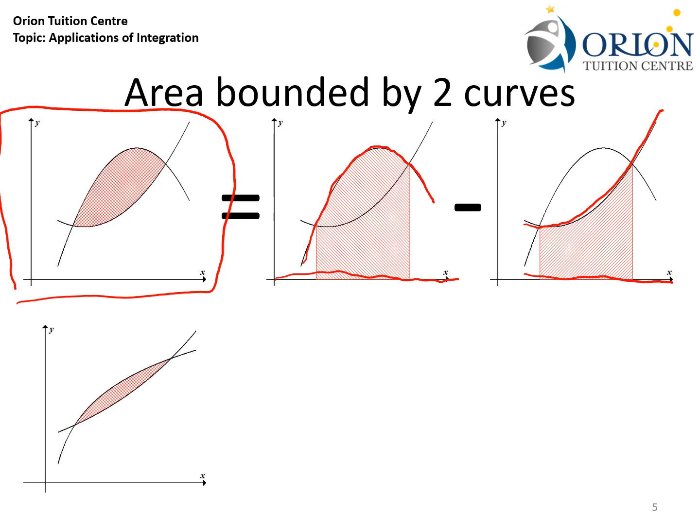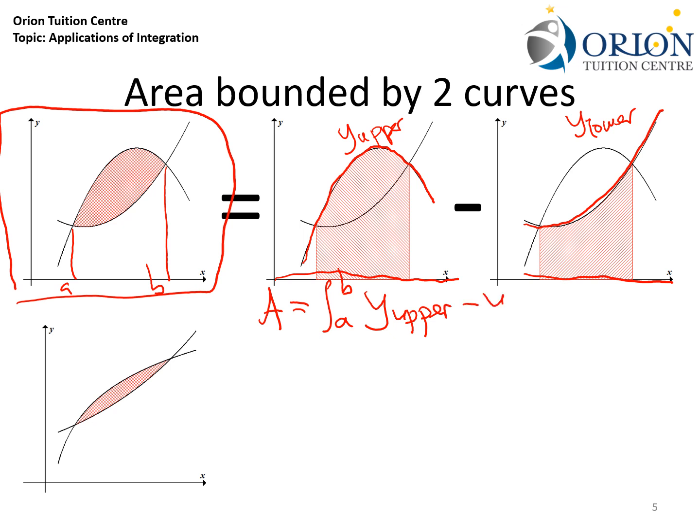Let's call the top curve y upper, the bottom curve y lower, and the limits of integration a and b. This area can be found using the formula A equals integration from a to b, y upper minus y lower dx.